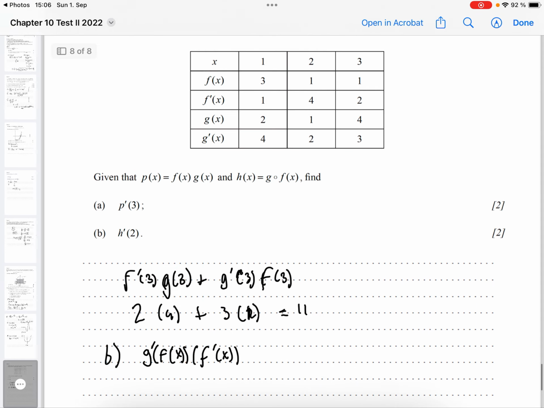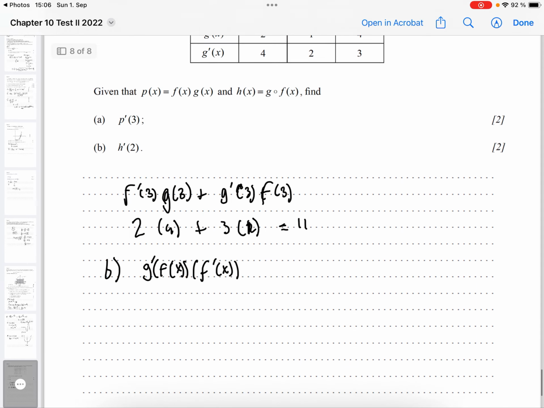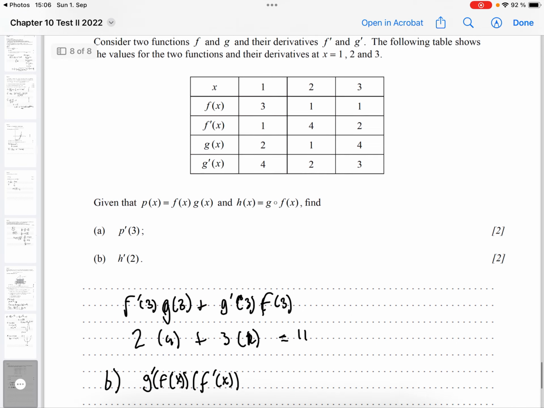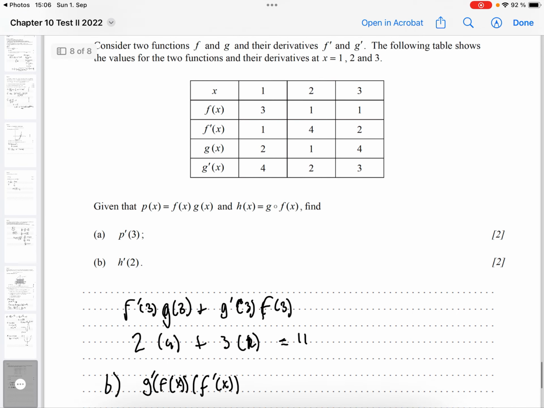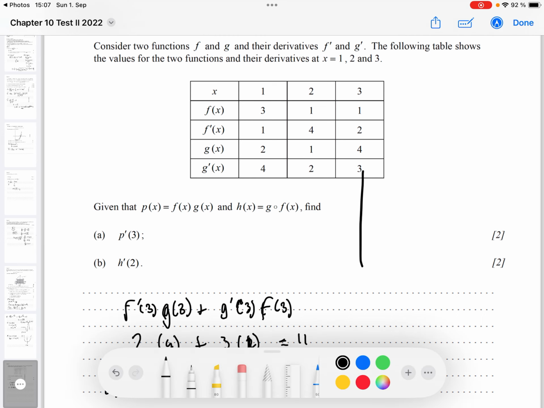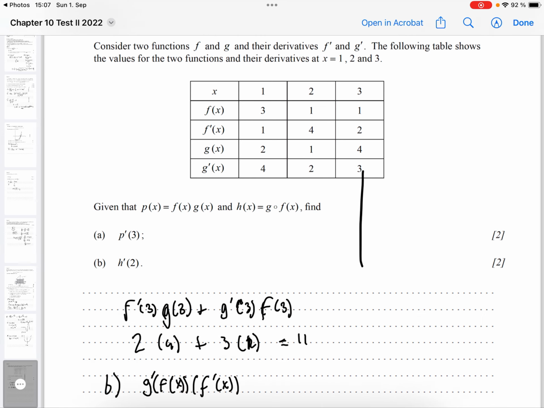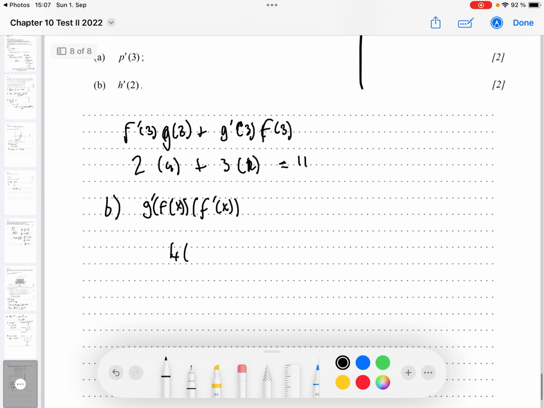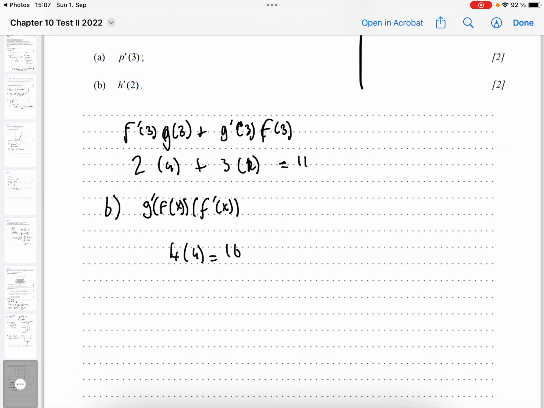So g prime of 1 is what we're looking for here, and that's 4. So we multiply that 4 by f prime of x, where f prime of x is equal to 4 as well. So we simply find that it is equal to 4 times 4, which gives us 16.